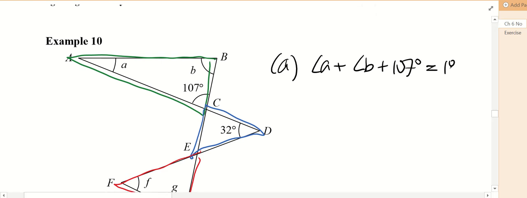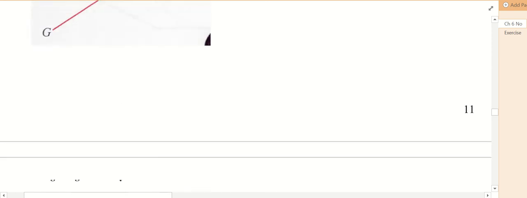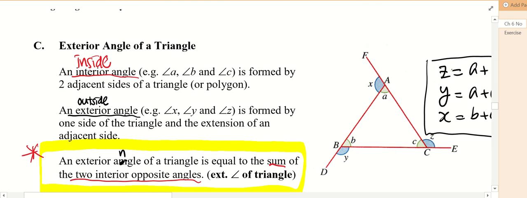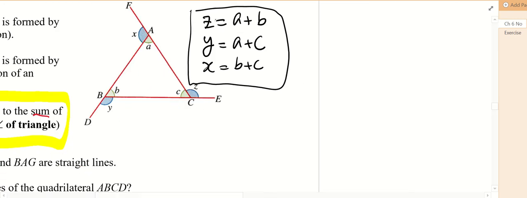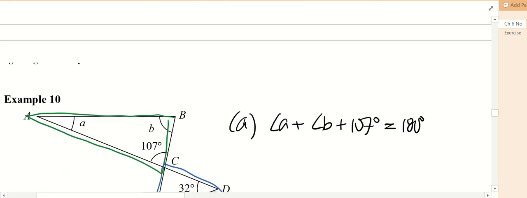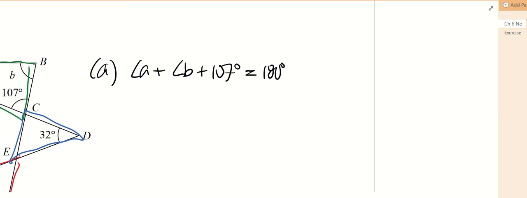They sum up to 180 degrees. Of course, we must quote our reason. What is the reason here that we should quote? It is angle sum of triangle. So let's write it over here: the reason is angle sum of triangle.